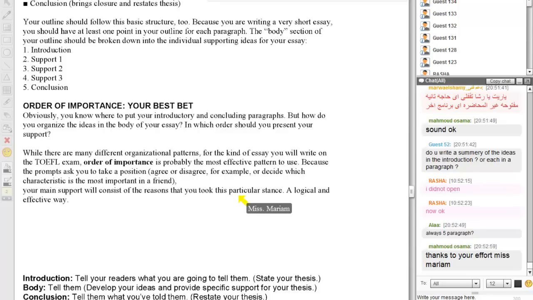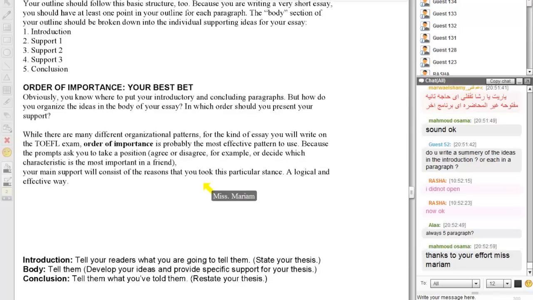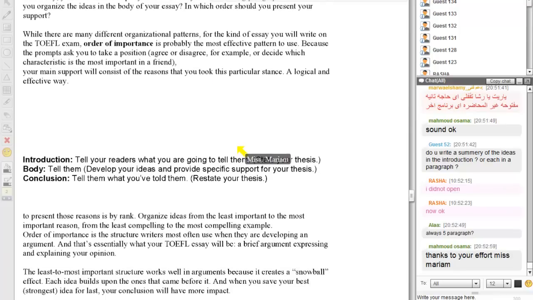Your main support will consist of reasons that you took this particular stance, in a logical or effective way.